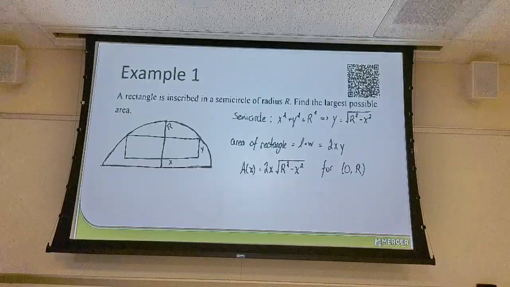Excuse me. Well, extreme values only occur at endpoints or critical points, right? So we have to find the critical points of A. That means you get to differentiate that.